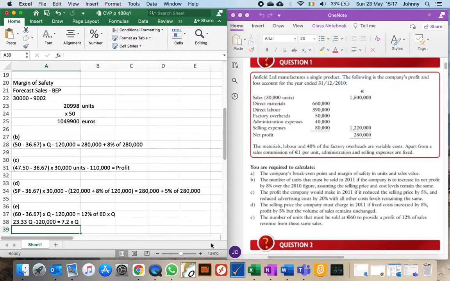So now I'm going to put all the Qs on the same side. So I got 23.33 Q minus 7.2 Q. I'm putting all those on the same side, equals 120.